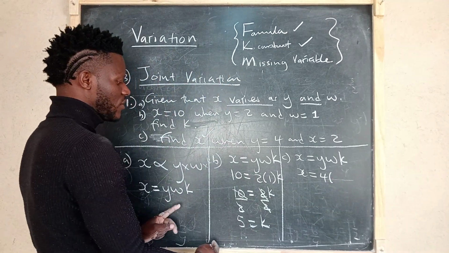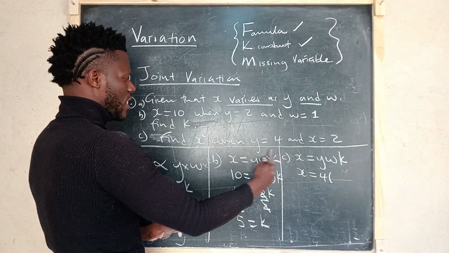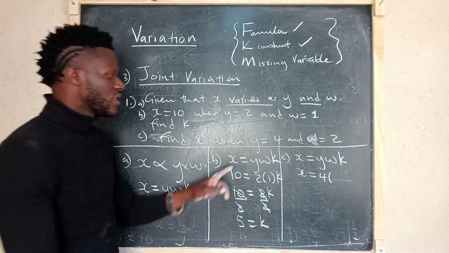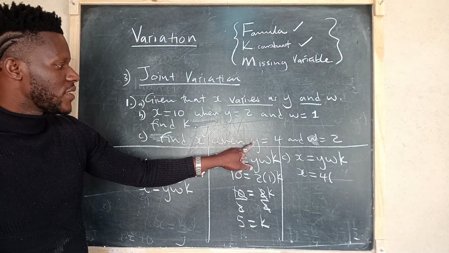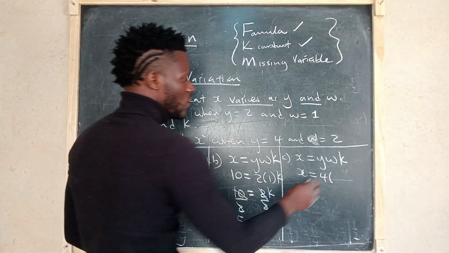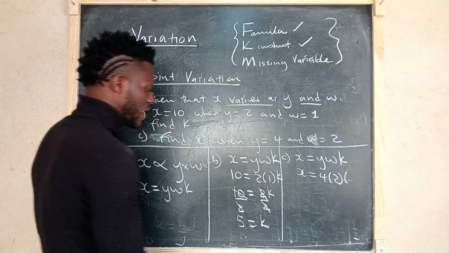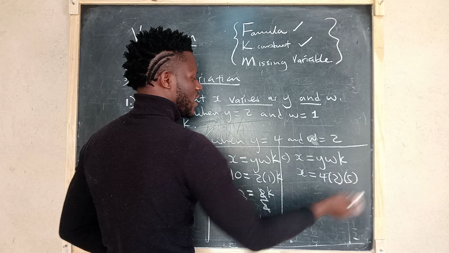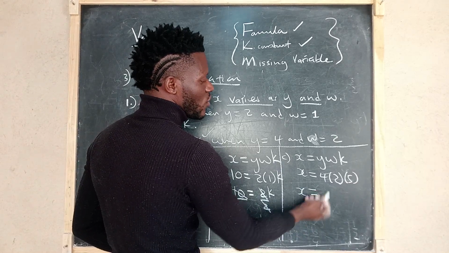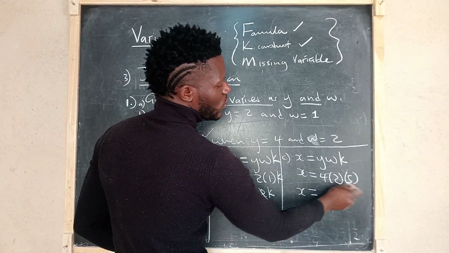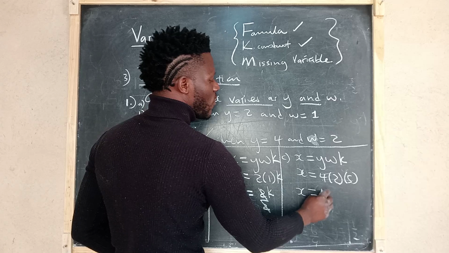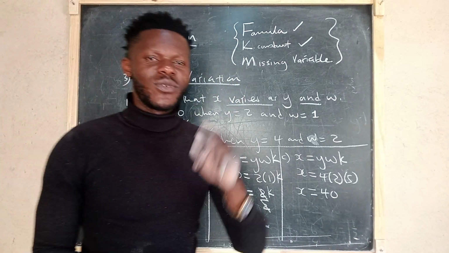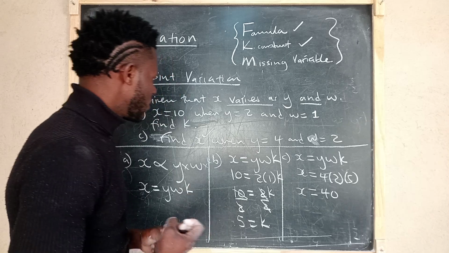Find x when y is 4 and w is 2. Then how about k? We take this k value that was 5. This is multiplication throughout. It's now x equals 4 times 2 times 5, 10, 10 times 4, we get 40. Variation is very simple. What you need is to repeat, practice more and more.